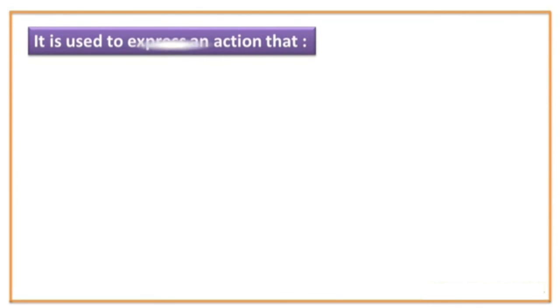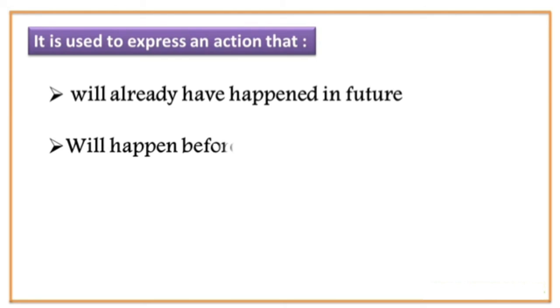Future perfect tense is used to express an action that will already have happened in future, will happen before another action in future.